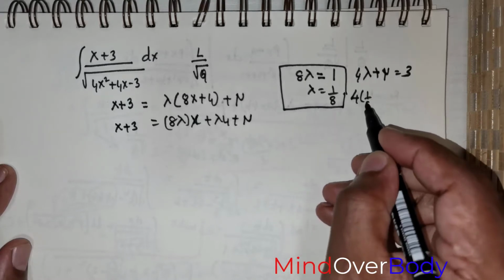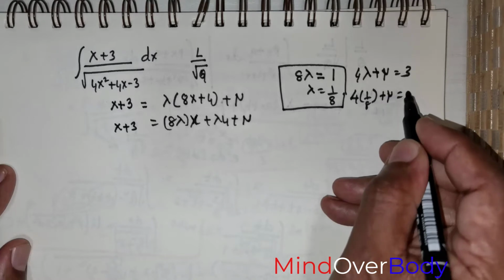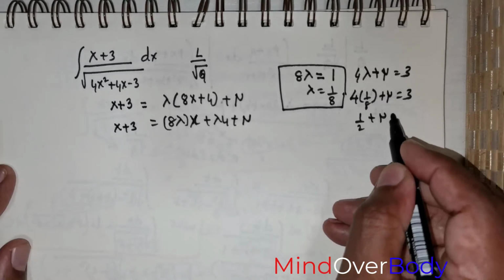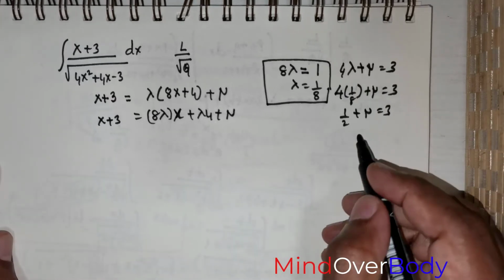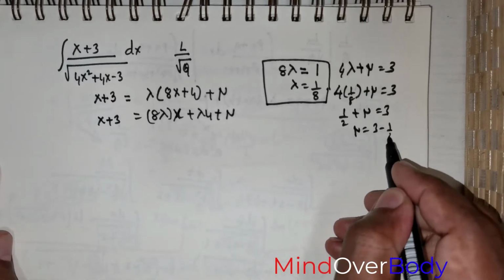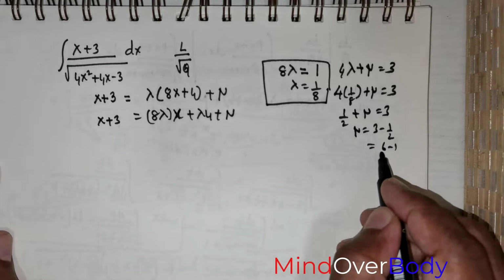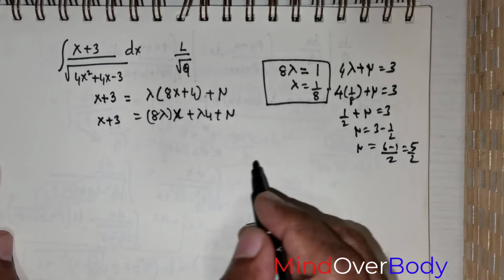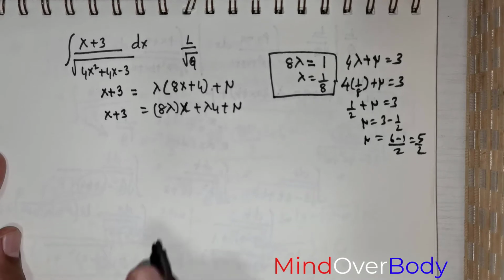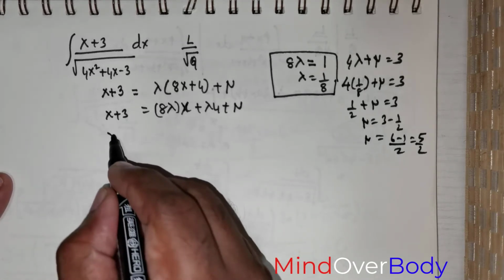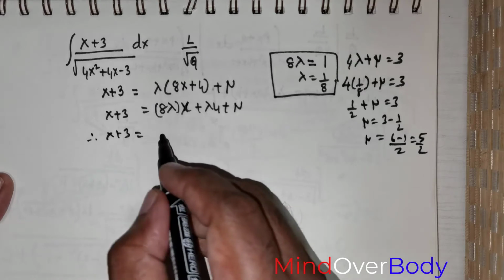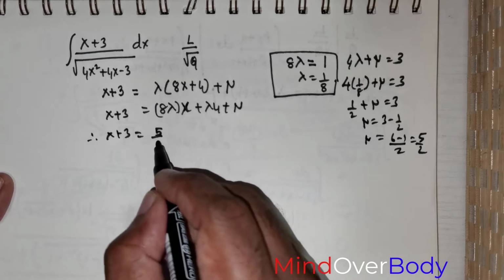Lambda is 1 over 8, so this would give me 1 over 2 plus mu is equal to 3, and mu is equal to 3 minus 1 over 2, which is 6 minus 1 over 2, which is 5 over 2. This is my mu.